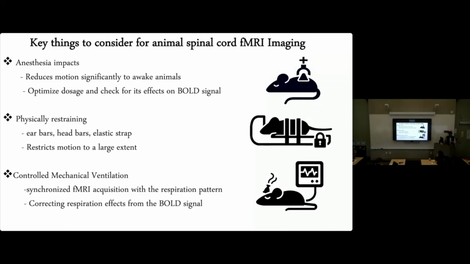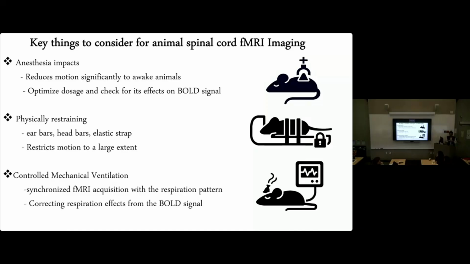The other important thing to know here is anesthesia, if it is used, and in certain studies nowadays in preclinical models, they are also using awake models. Anesthesia has a lot of advantages, but the dosage has to be optimized accordingly so that its effects on the BOLD signal are not specific to particular regions.